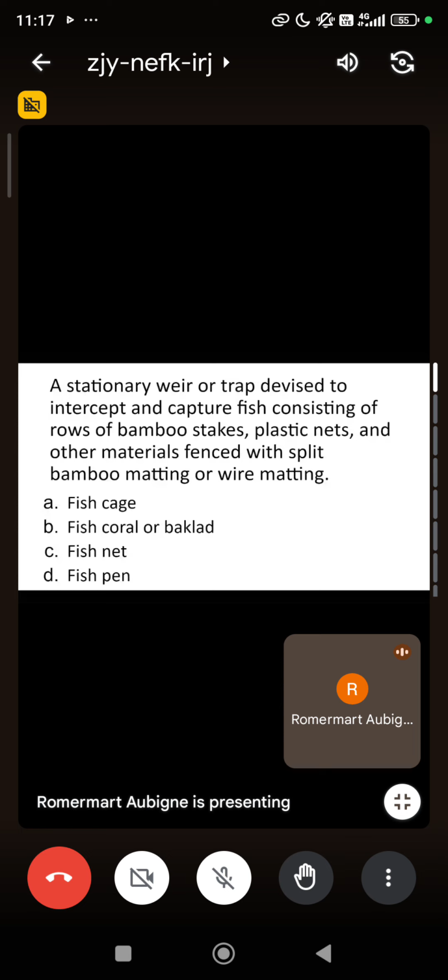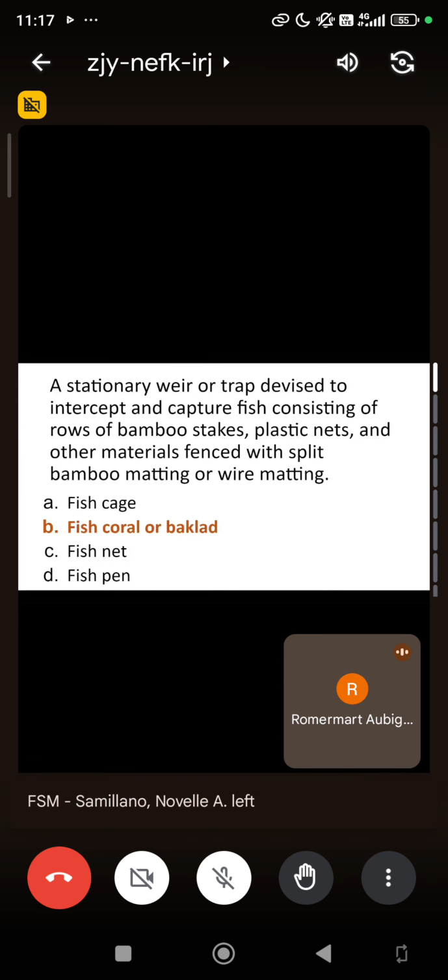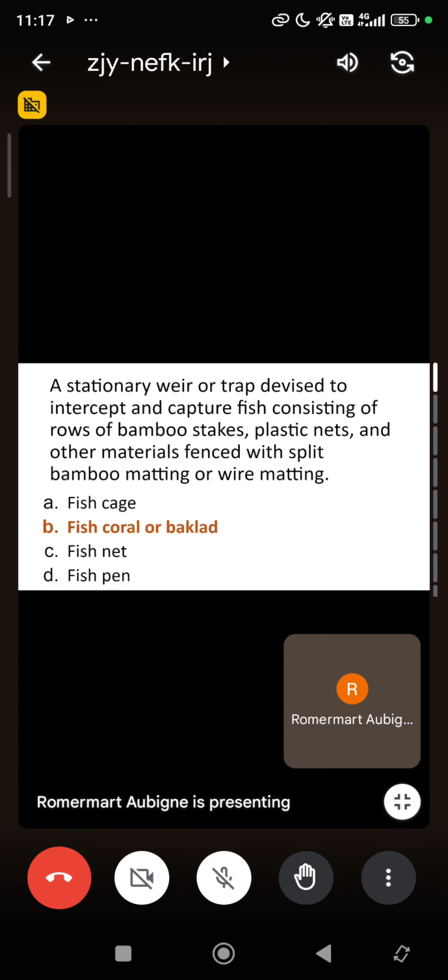We call this as B. Fish coral or baklad. This is a trap device to intercept and capture fish.